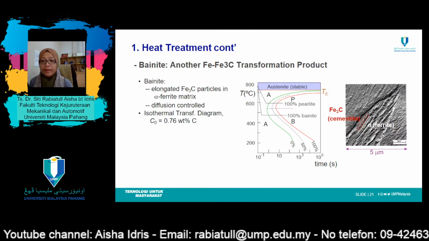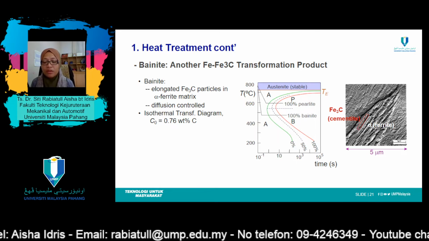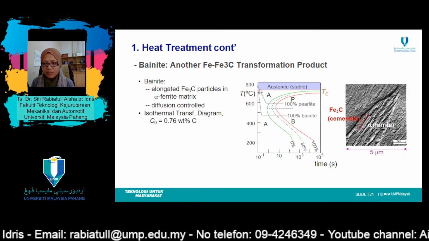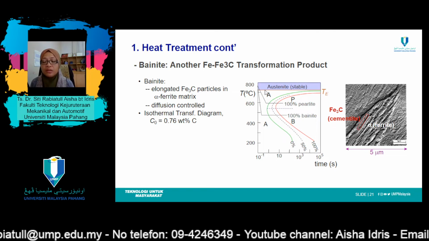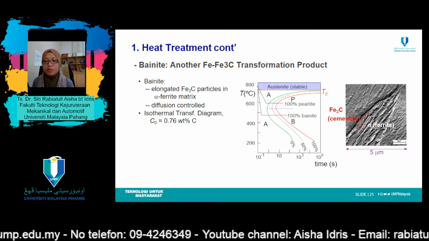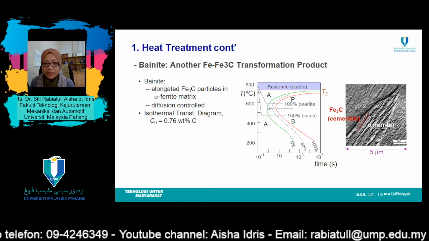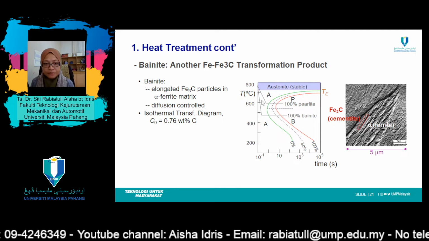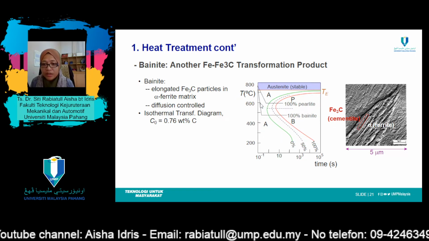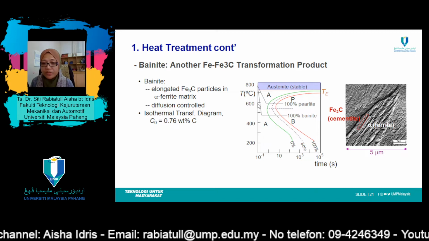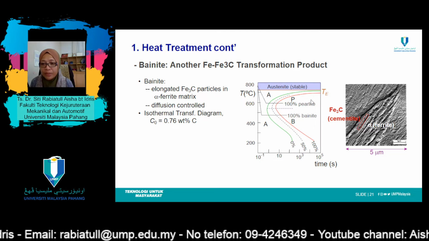Same goes for bainite. Okay, this is how you control the formation of bainite. Firstly, heating up the metal above austenite temperature, so it will change to austenite. After that, start cooling it, reaching a temperature of 600 degrees C, maintaining at that point, reach 100% pearlite.